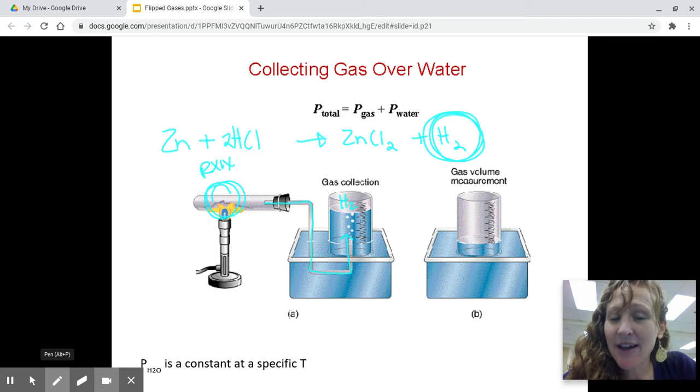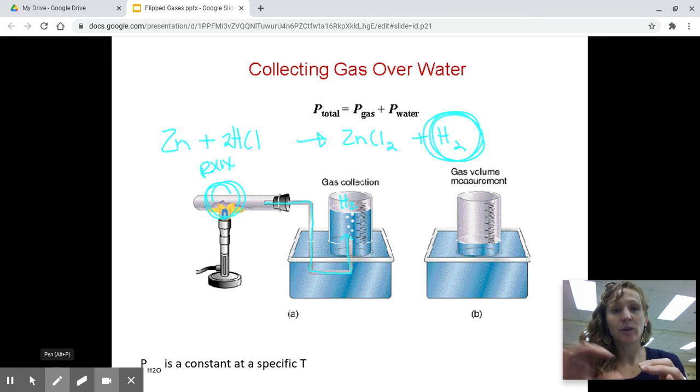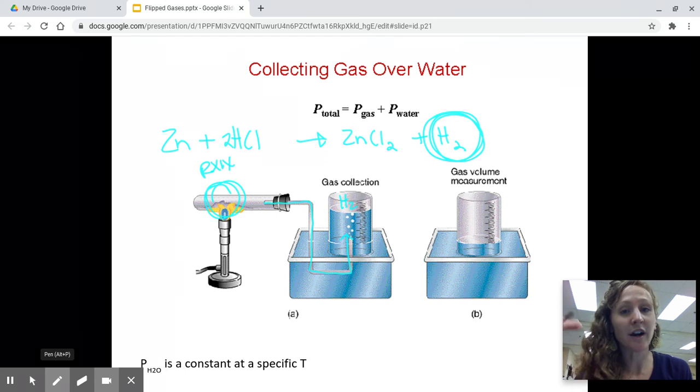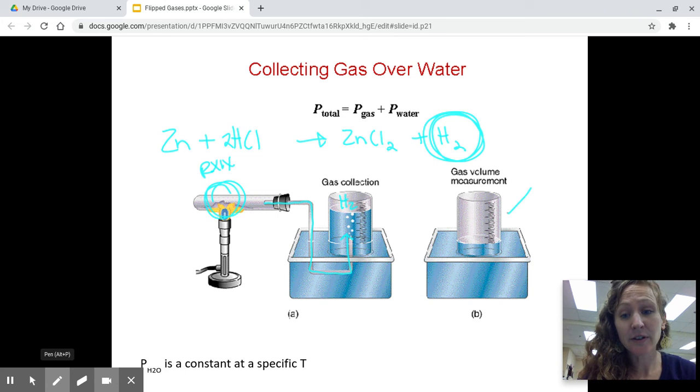So remember, anytime you have a liquid with a vacuum above it, some of that liquid's molecules are going to escape in the gas form and form a vapor, right? So if we're collecting this gas over water, we should have not only hydrogen inside here, but we should have some water vapor. It's going to establish itself automatically, naturally, spontaneously.